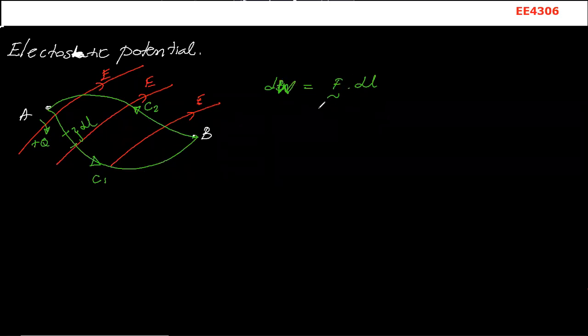So the work done when you move any charge through the differential length dl, you can write down F into dl. In addition to that, there's a notation we put here: minus. This minus symbol or negative sign indicates that the work is done by an external agent.